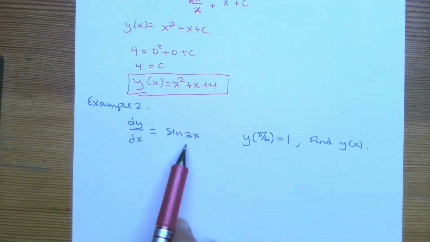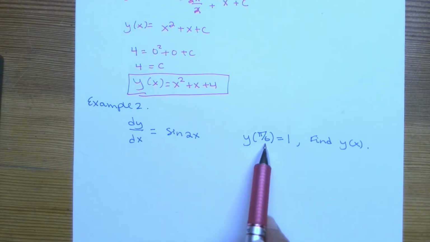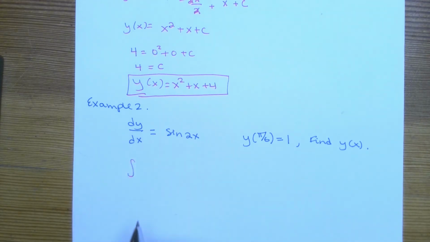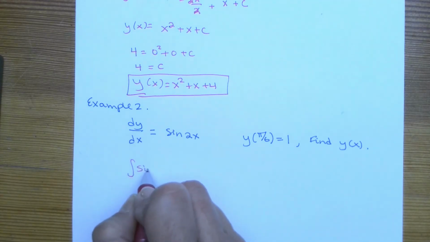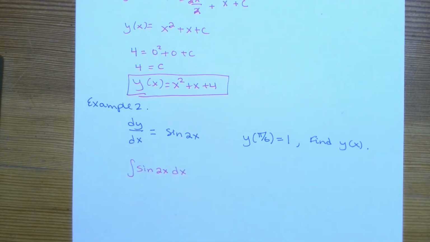So this time my derivative is sine 2x, and my initial condition is y of pi sixths equals 1, and we need to find y of x. So again, here's our derivative. To find the function, we integrate, right? We find the antiderivative. So integrate sine 2x dx. Remember, dx non-negotiable.